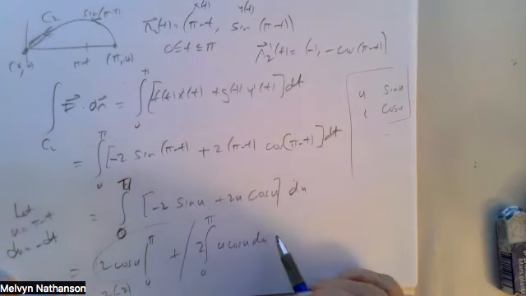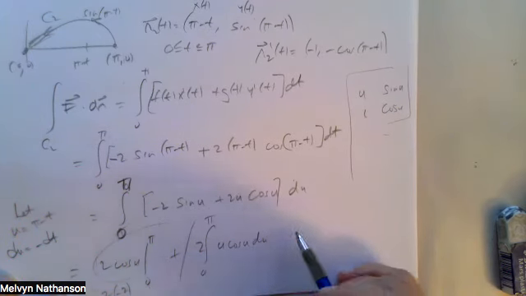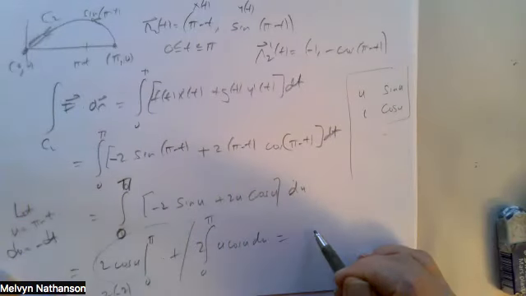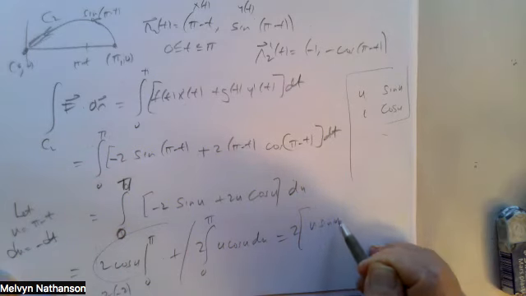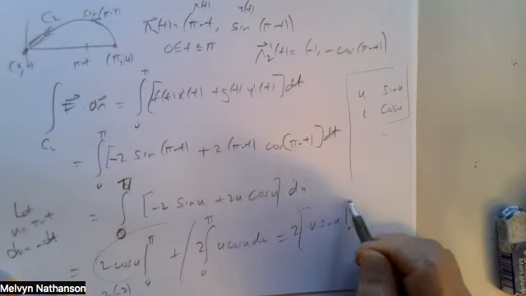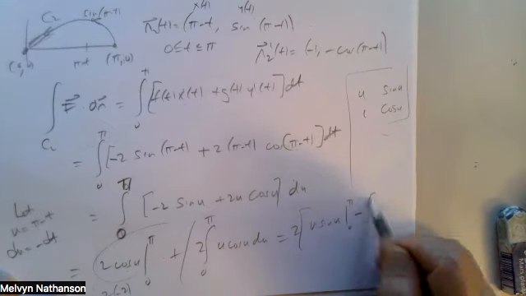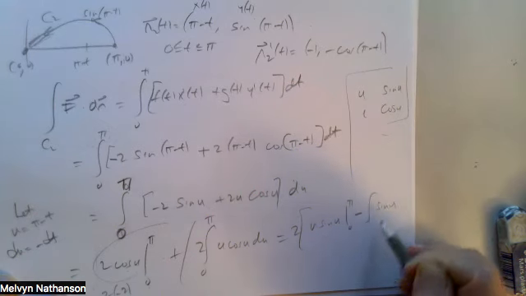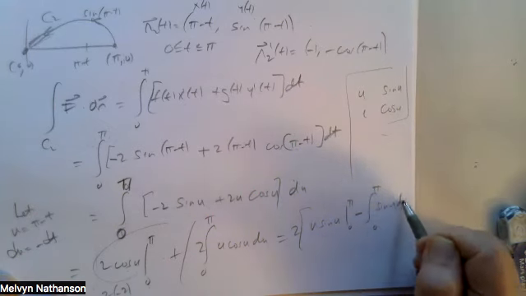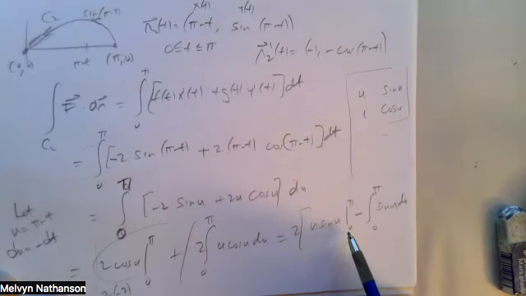So let's just look at this. What is this? I have 2 times u sine u, evaluated from 0 to pi, minus the integral of sine u from 0 to pi. Sine pi is 0, sine 0 is 0. This term is 0.